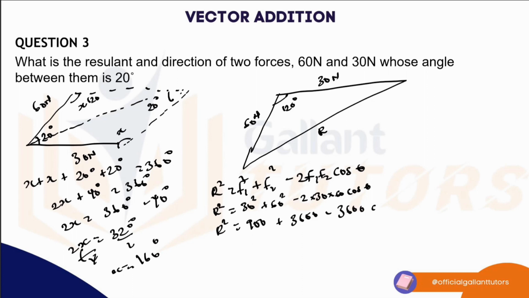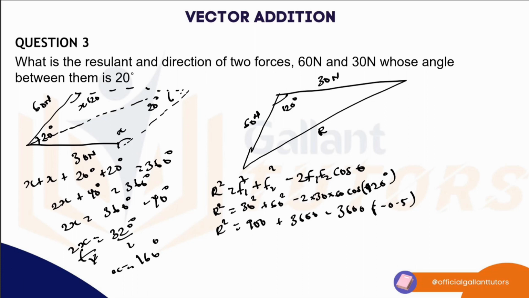Do you get? And now cos, oh yeah, this is 30, so this is 120 degree, right? So cos 120 degree will give you a negative answer, right? If you use a calculator, you get minus 0.5. Is that clear?